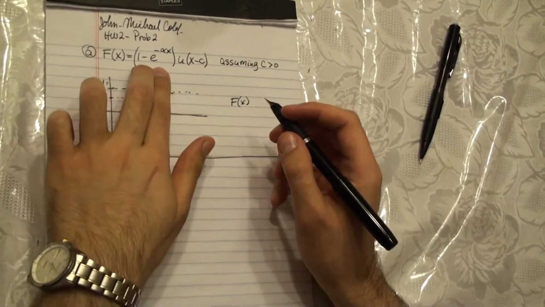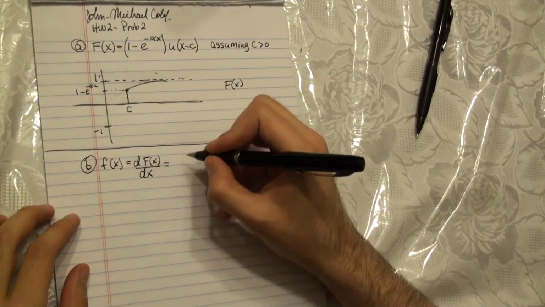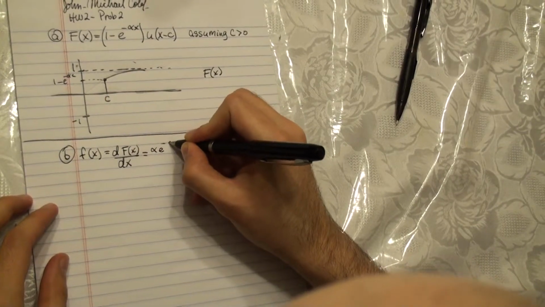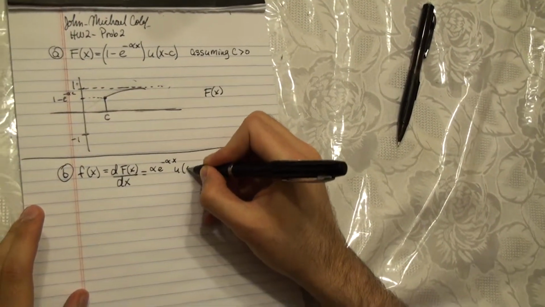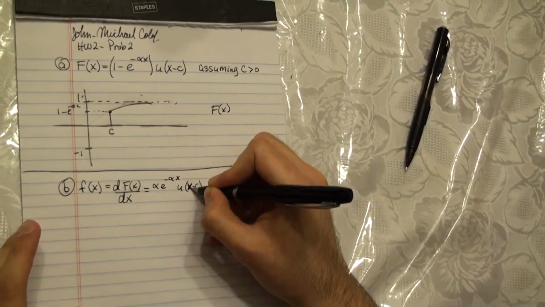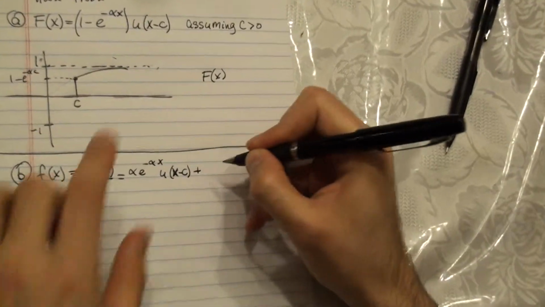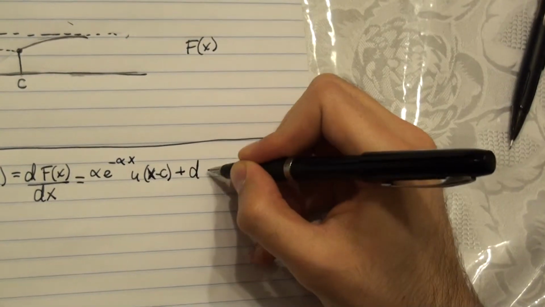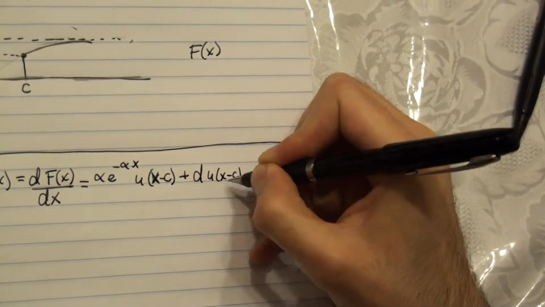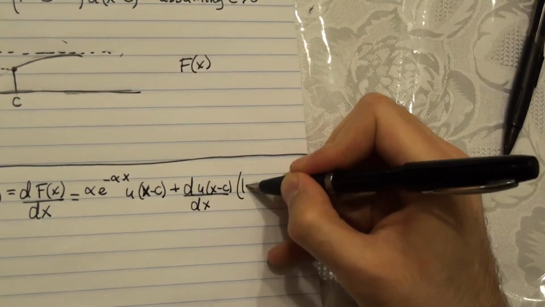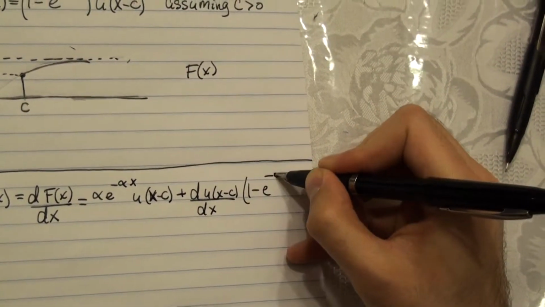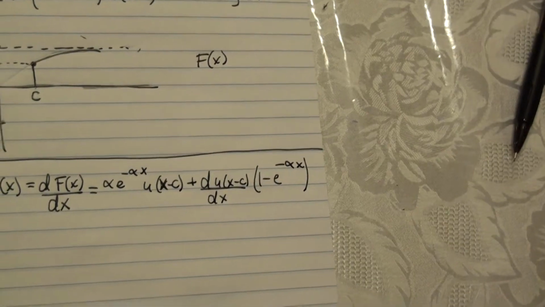So we take the derivative of the first part, which will become alpha e to the minus alpha x times the second piece, u of x minus c. And we add it to the derivative of u of x minus c with respect to x, and multiply by this 1 minus e to the minus alpha x.